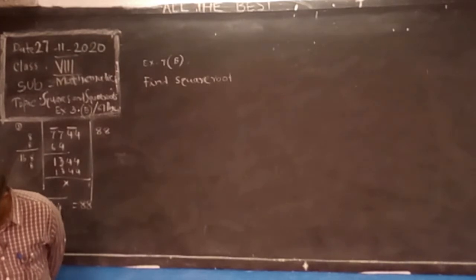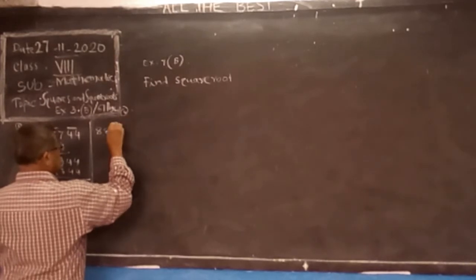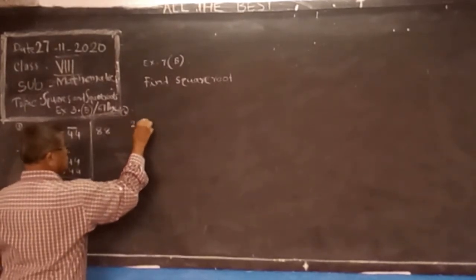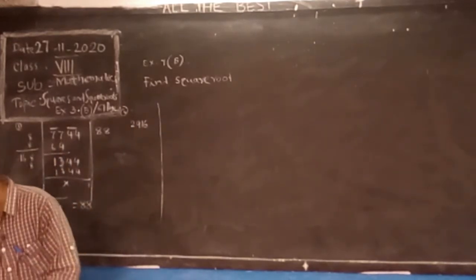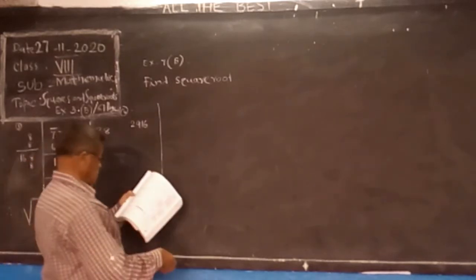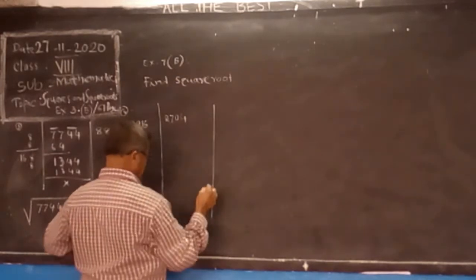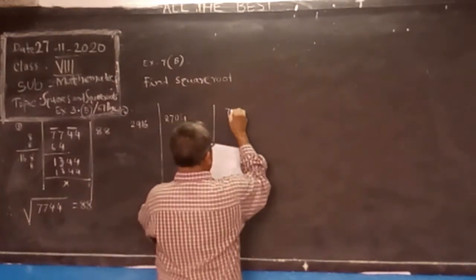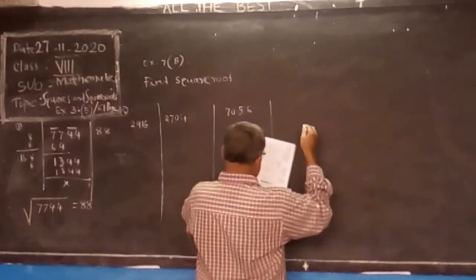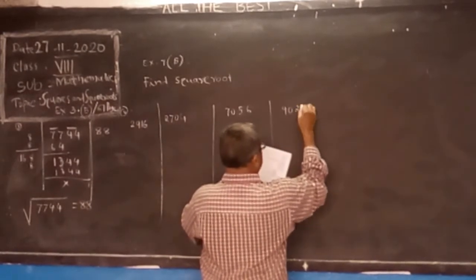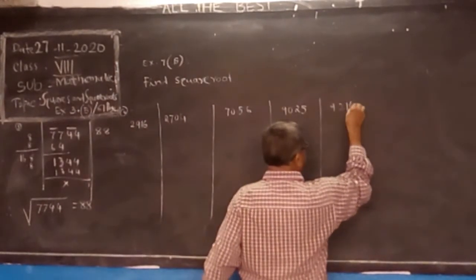Like that. Now 2916, 2704, 7056, 9025, 9216.